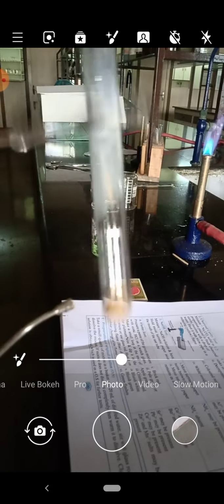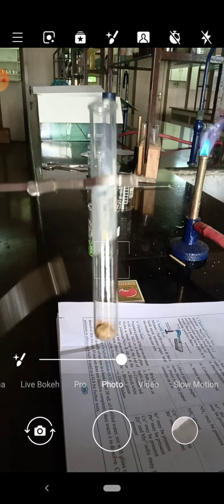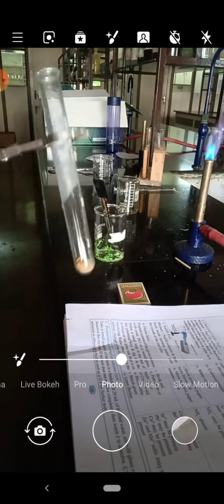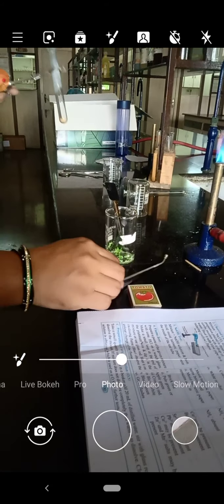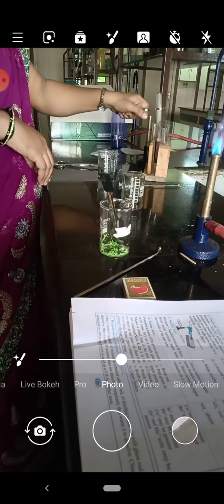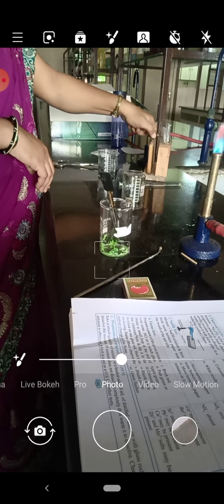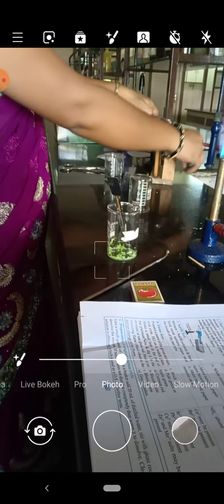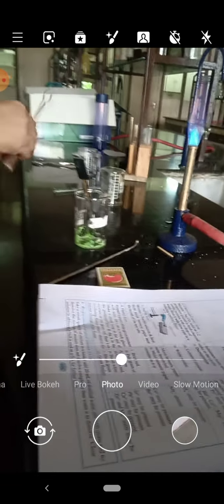Okay, so this one test is over. We will move to the next test. The next test is the charcoal cavity test.